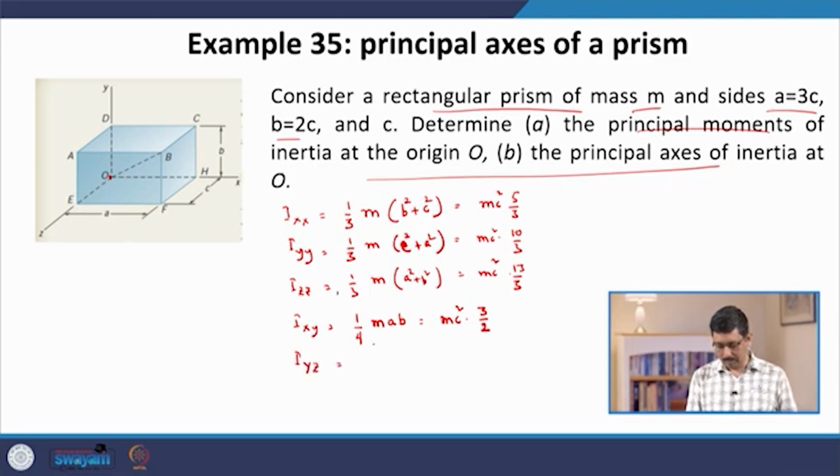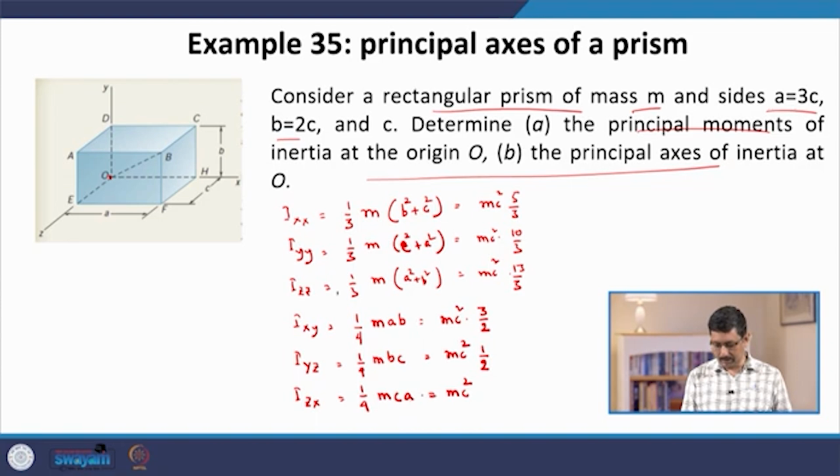Iyz was 1 by 4 m b c, so this is m c square times 2 by 4, which is half. Izx is 1 by 4 m c a, so this is m c square times 3 by 4, since a is 3c.